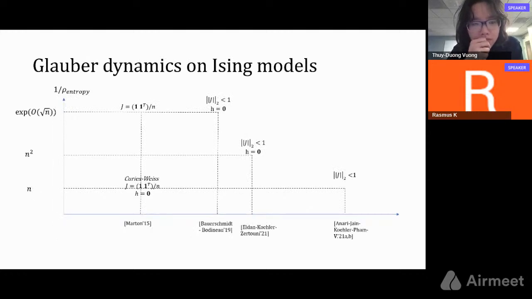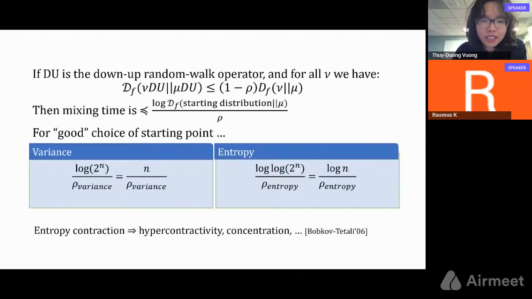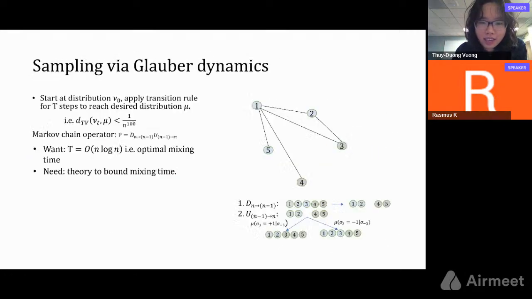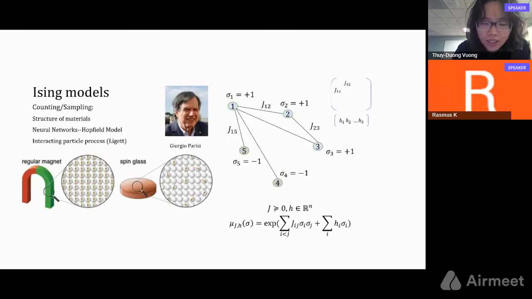Can you, June, remind us how the external field comes into the formula? Oh, yeah. So the weight of the configuration is the exponential of the external field times the configuration.